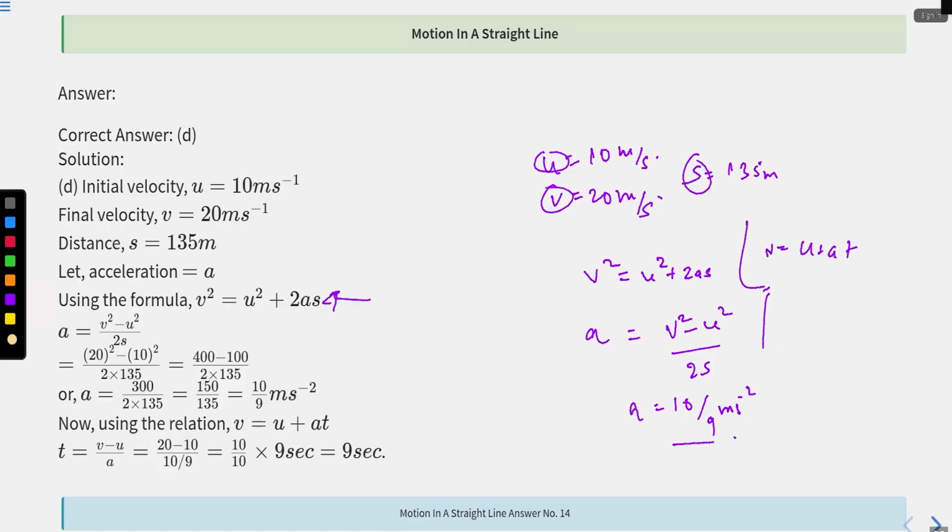Use these two equations of motion. Once you have computed the acceleration, you have initial velocity and final velocity, but you don't have acceleration. So to get acceleration, they have given you this specific distance of 135 meters so that you can calculate it from the third equation. Okay?